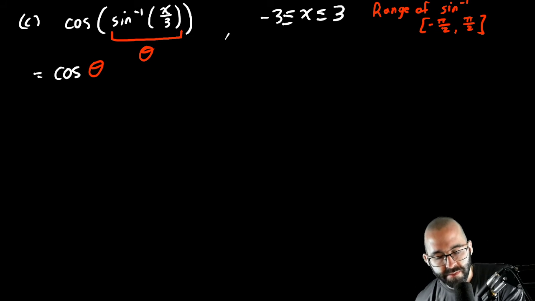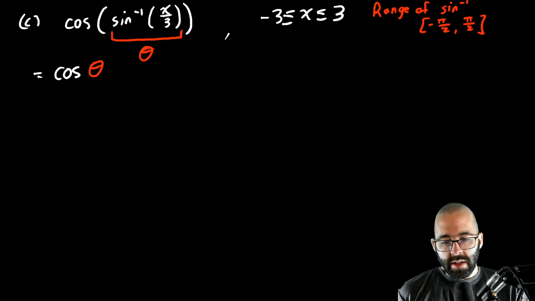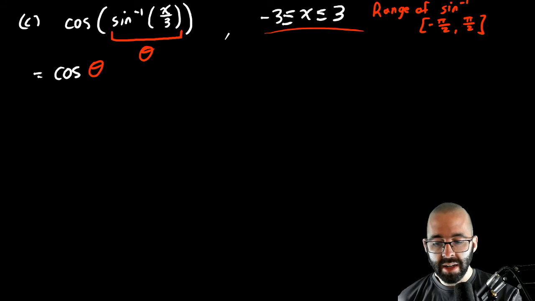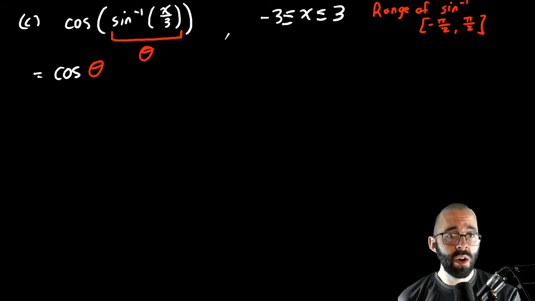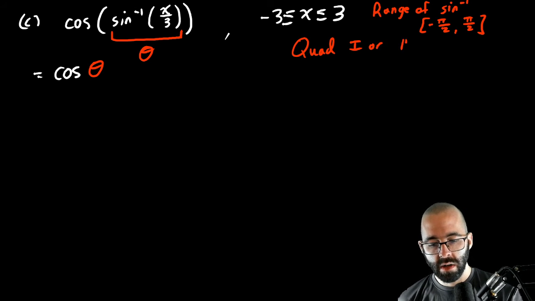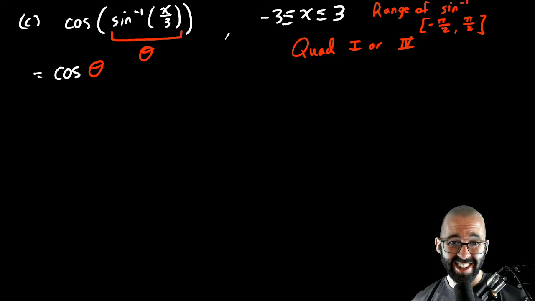So x is either positive or negative. We don't know whether the ratio is positive or negative, which means we don't know whether we're in the first or the fourth quadrant. But it's actually going to turn out not to matter.